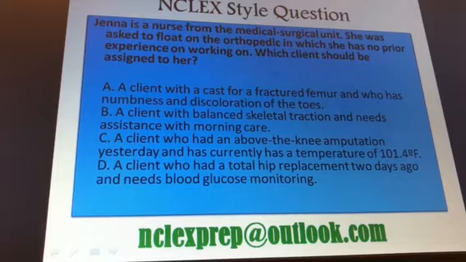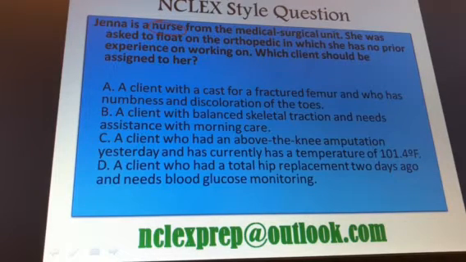When you're taking NCLEX exam questions, before going forward with the answers, you must understand what the question is asking. So let's highlight some of the very important points here. Jen is a nurse. It does not say if she's an LPN or an RN.